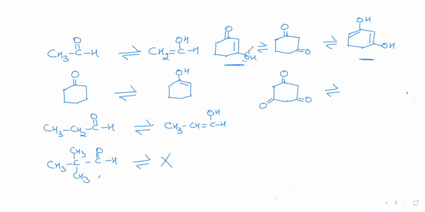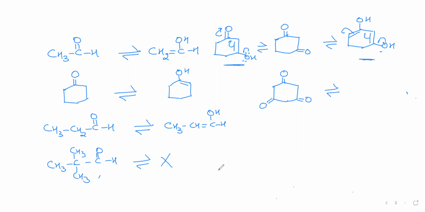Because when there is resonance, which atom will have the negative charge? Which atom will have the negative charge on resonance? Yes, oxygen. In this, when there is resonance, the negative charge will be on carbon.